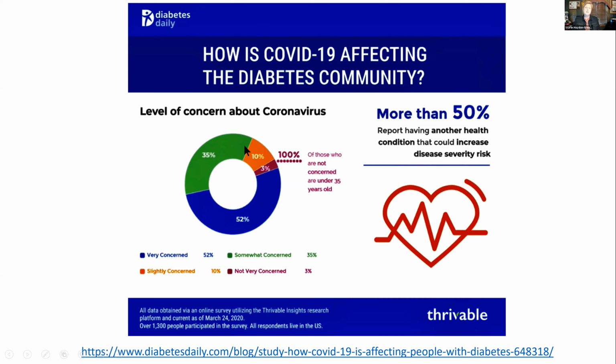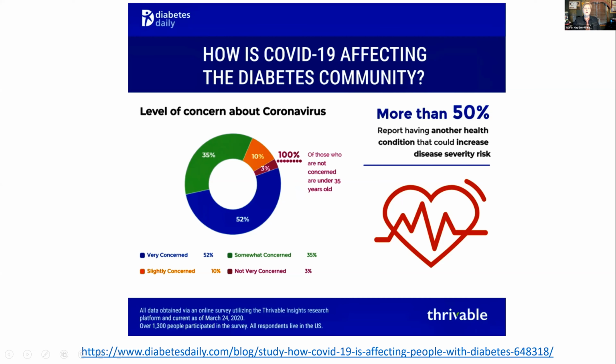What is interesting to me is right here, this 3%. Of those 3%, this age demographic is everybody under the age of 35 who has diabetes, and 100% of them are not worried about coronavirus.